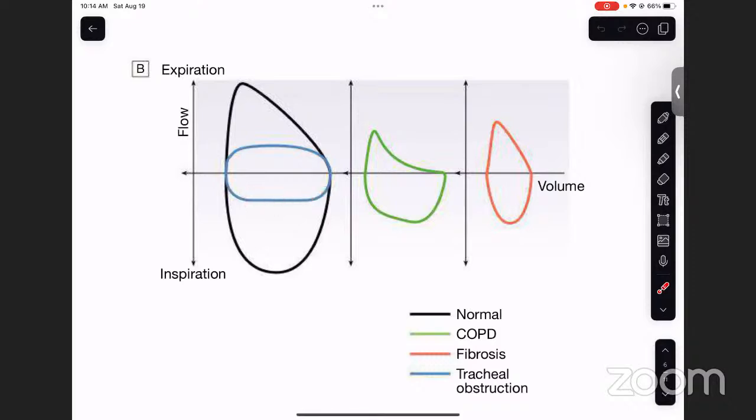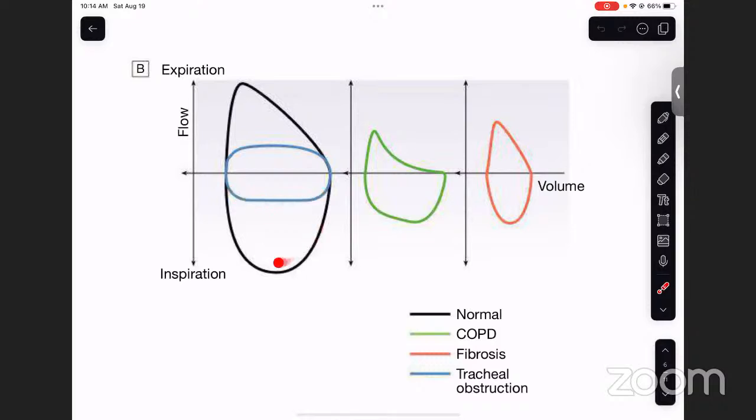Here you can see the curve of the inspiratory and the expiratory phase. Let's imagine that there is upper airway obstruction. There will be no more air coming into our lungs, and no more air going out of our lungs. So there will be no difference between negative intrathoracic pressure and positive intrathoracic pressure, so the curve will show like that.